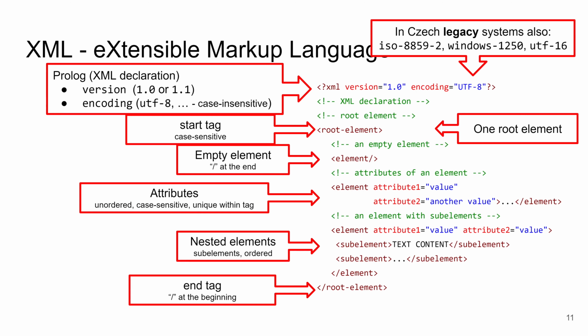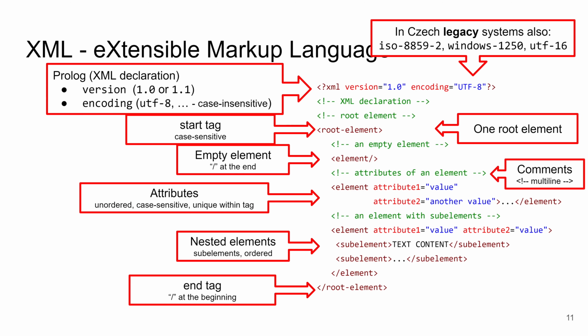Then a key feature of XML is nesting of XML elements, where one element can be nested within another element. The element content is actually ordered. So in this case, for instance, there are two elements, but we know which one is first and which one is second, because the sequence of elements in the element content is ordered.